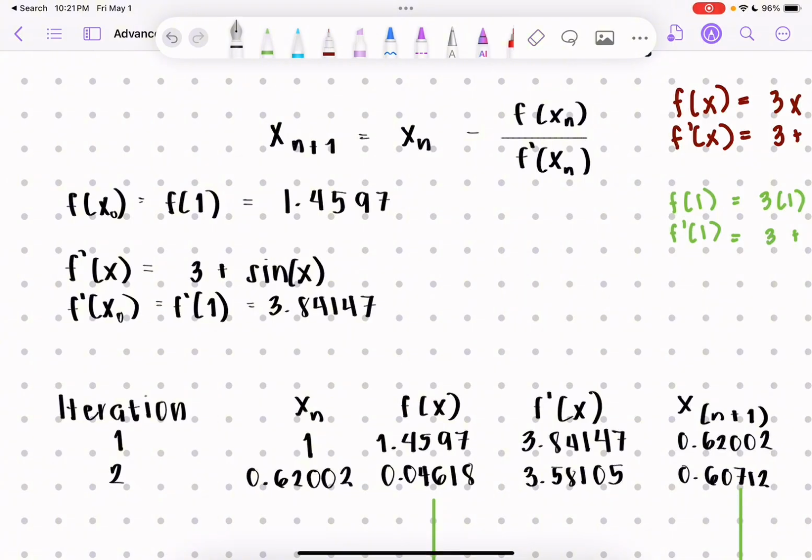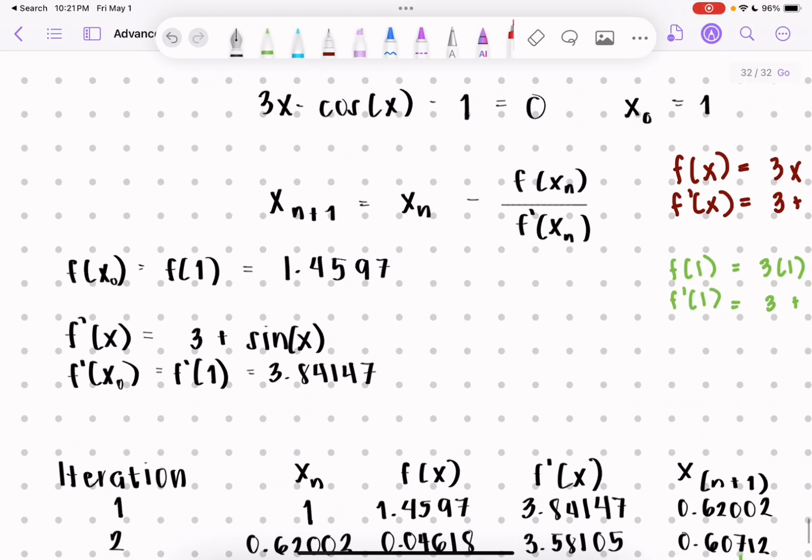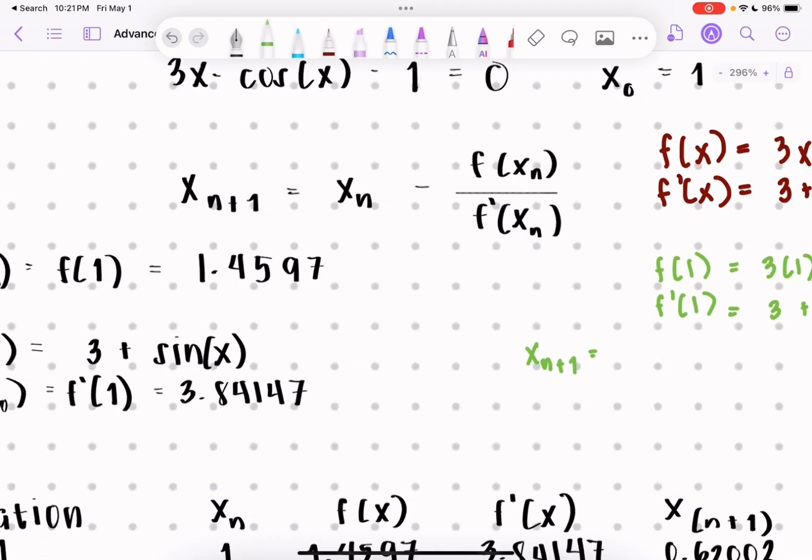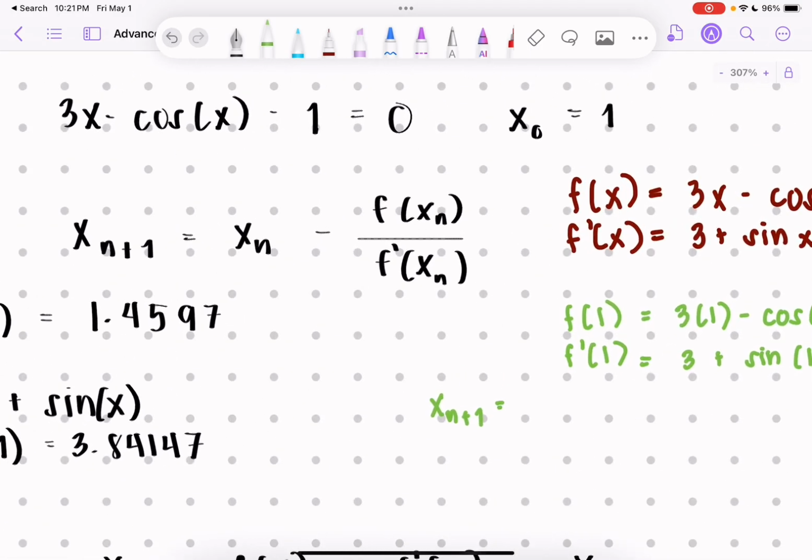So now that we have our f of x, our f prime of x, and our x of n, we can solve for our xn plus 1. That would be xn plus 1 is equal to x of n, which is 1, our first value for x of n, that is x sub 0, which is 1.